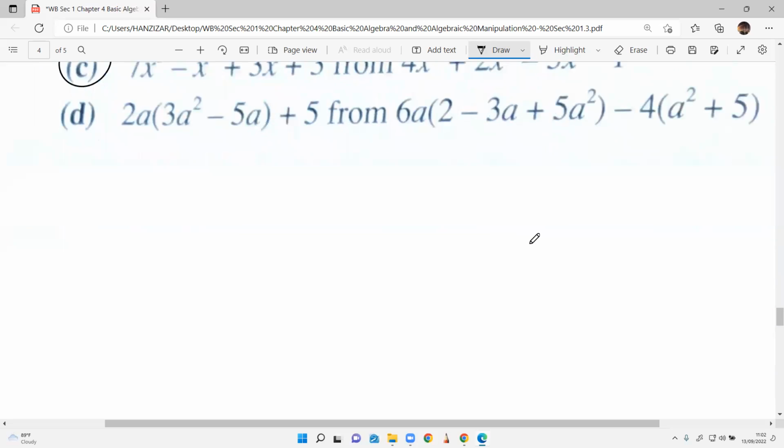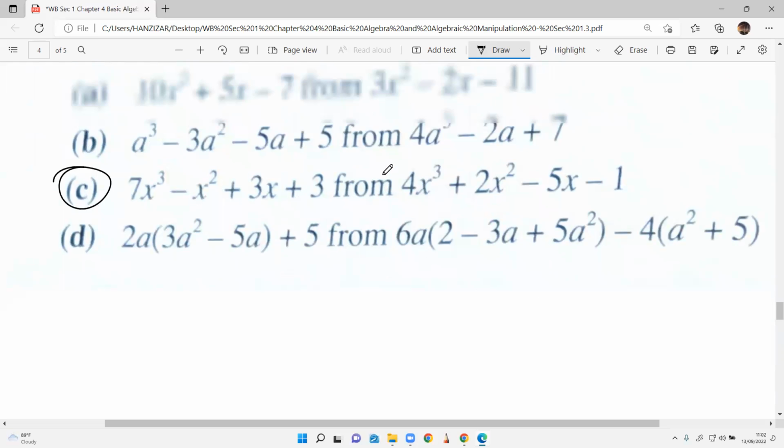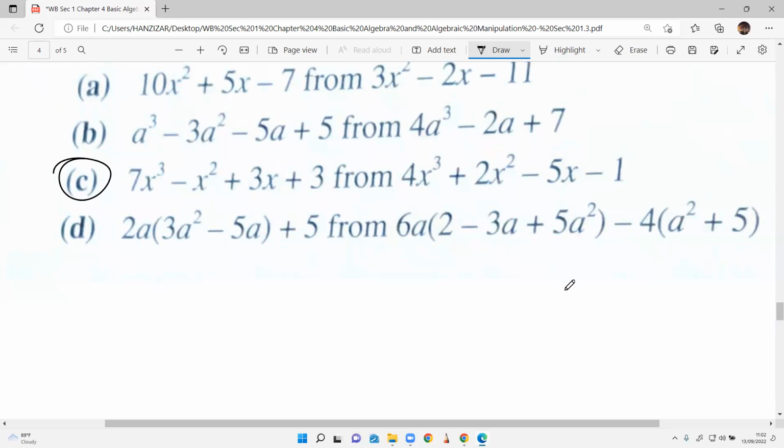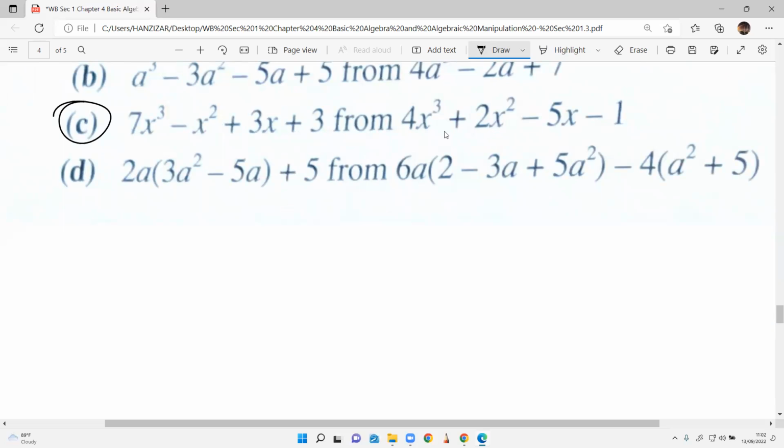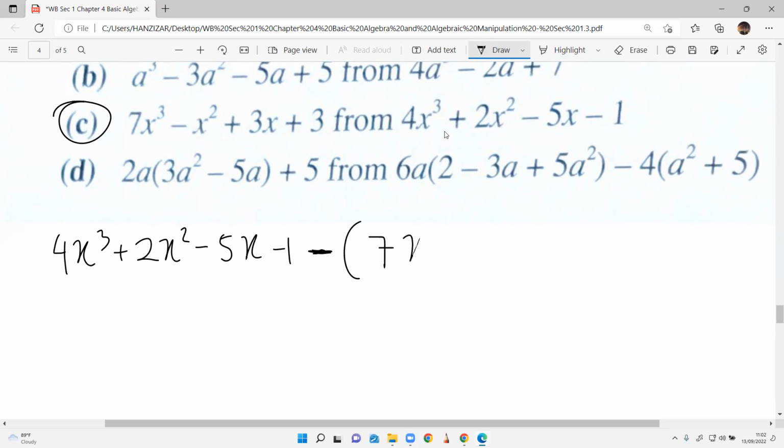Okay, subtract this from this. So who's the first? 4x cubed plus 2x squared minus 5x minus 1. If you subtract, you have to put the bracket as always. If you don't put the bracket, you will get it wrong. 7x cubed.